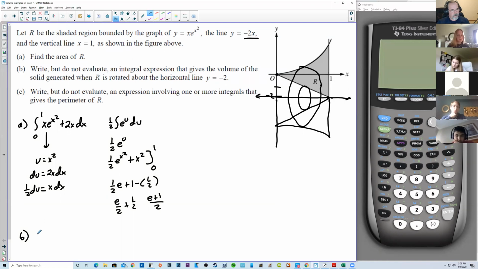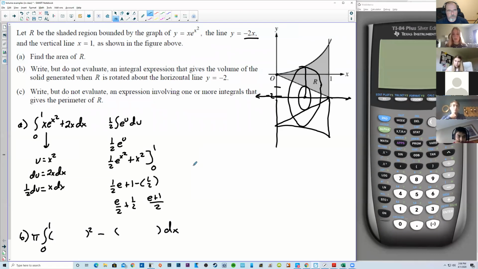So we need to integrate from 0 to 1 of big R squared, or the big radius, minus the little radius, dx. Dx because these are all vertical to the x-axis. We need the big radius. Well, that's the top minus the bottom.